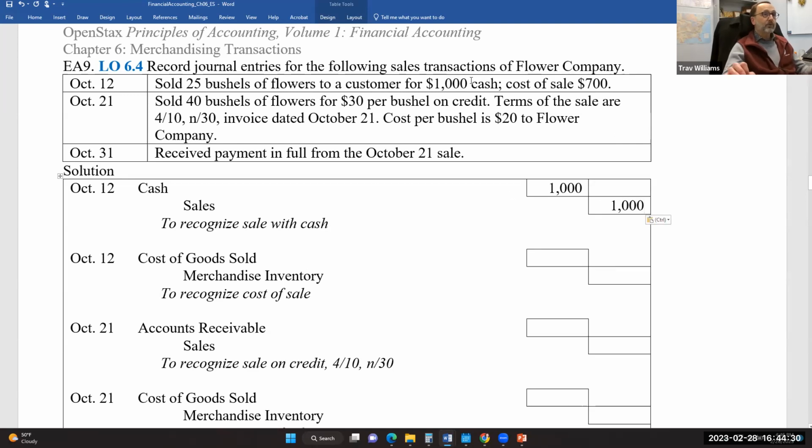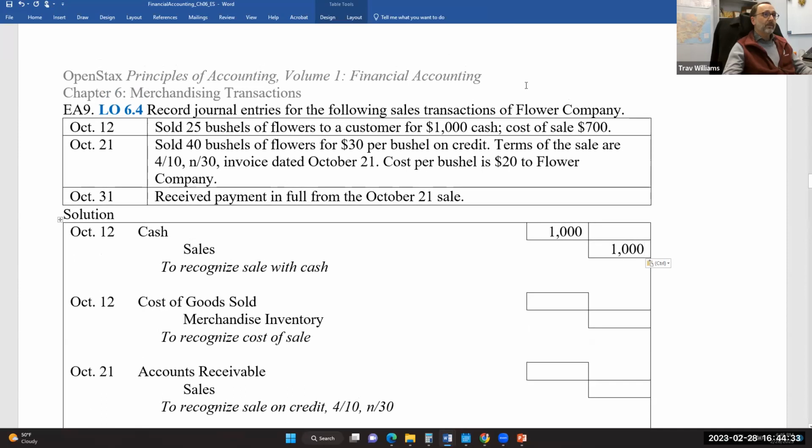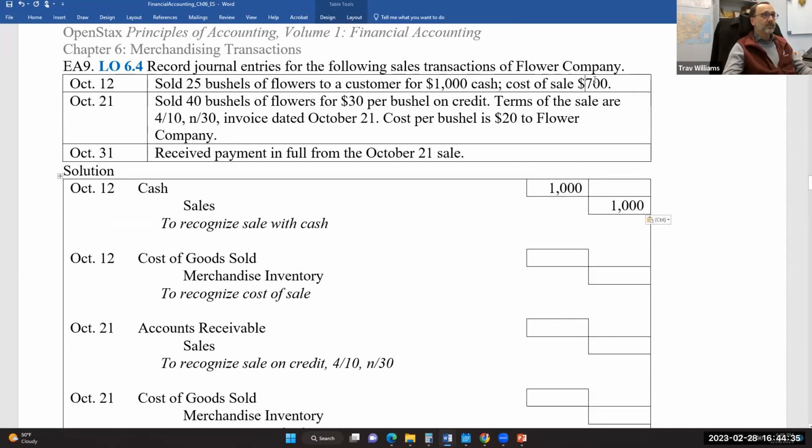And remember, if we're doing the perpetual inventory method, we also have to record the cost of the inventory when we make a sale. So that was $700. That's a debit to cost of goods sold, which is an expense. And it's a credit to merchandise inventory because that's an asset that has gone down since we don't have it anymore. So that's how we journalize the sale.